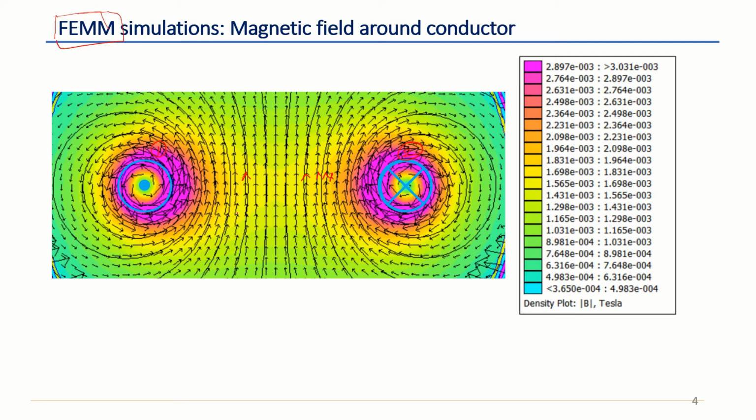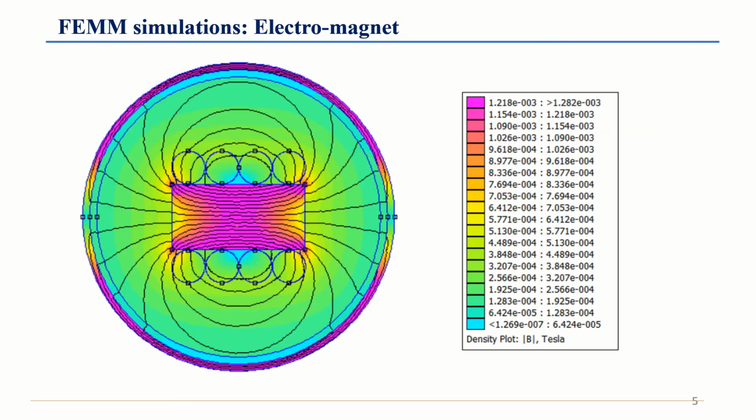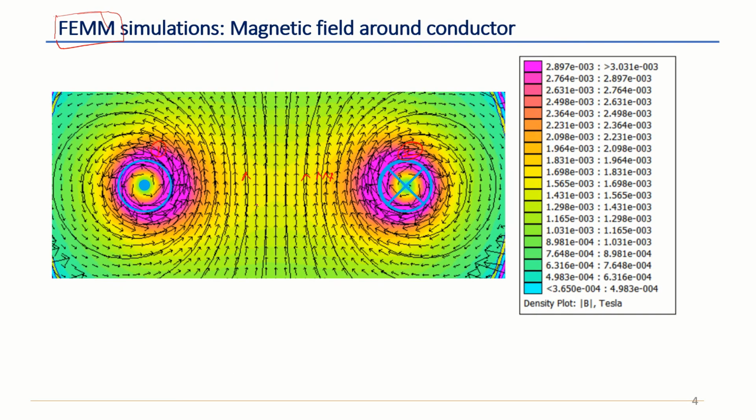I will be using this software for the lectures as well, because most students have problems with visualizing the fields and other things. Here we don't have such problems, so we can see these things in the FEMM software and get a better visualization and understanding.